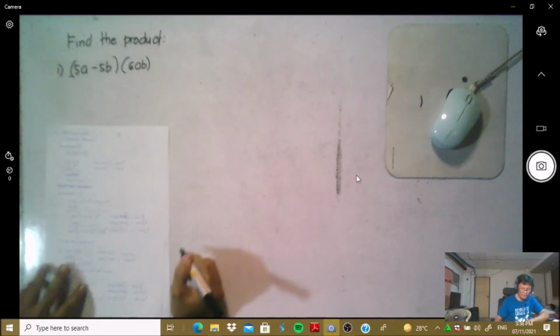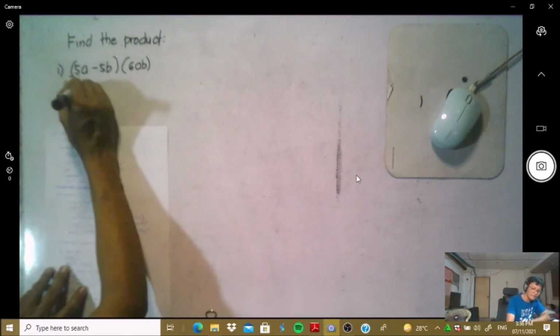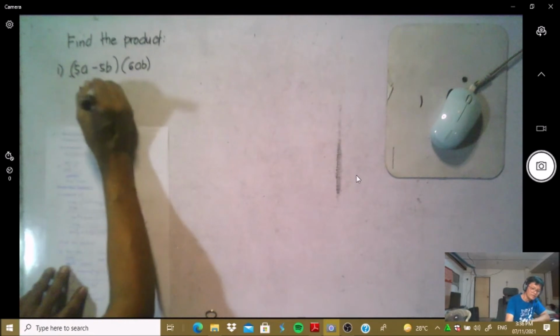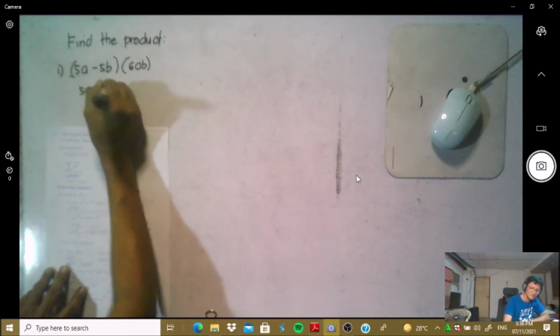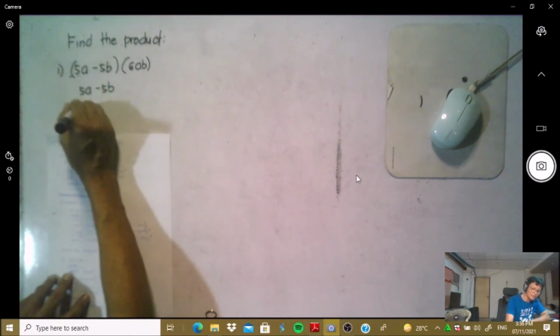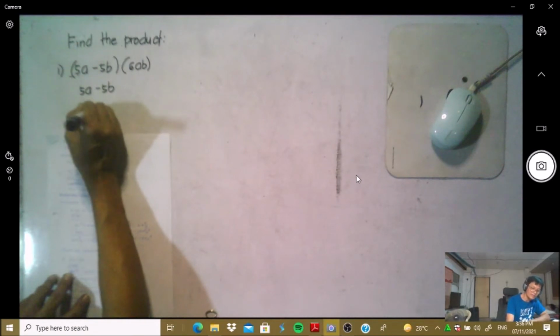Okay, for the vertical format, we have 5a minus 5b. Then our multiplier will be 6ab.